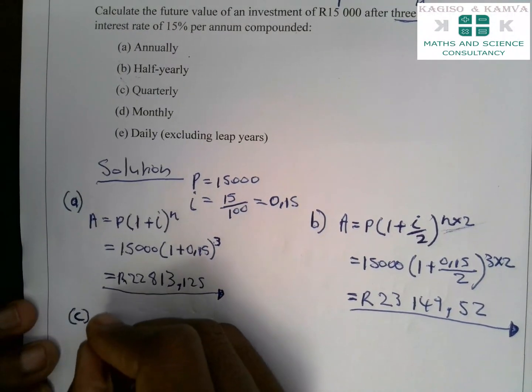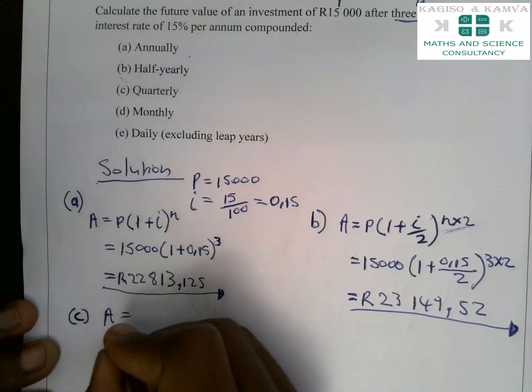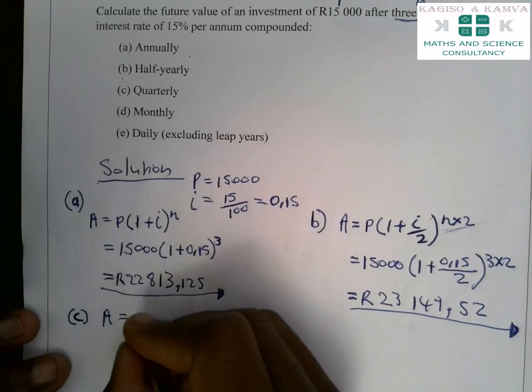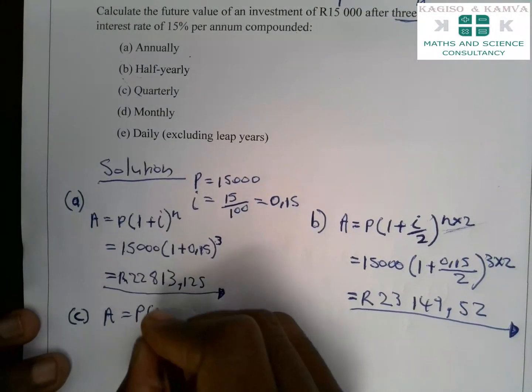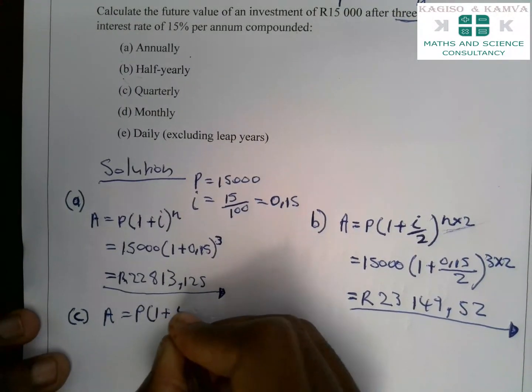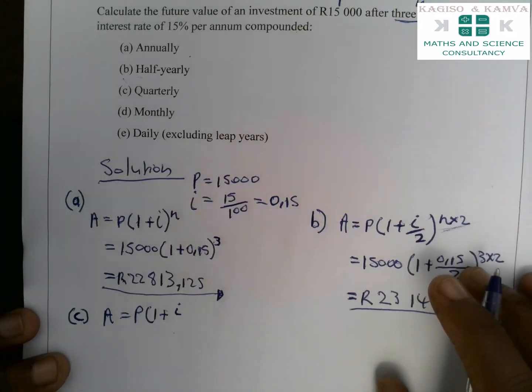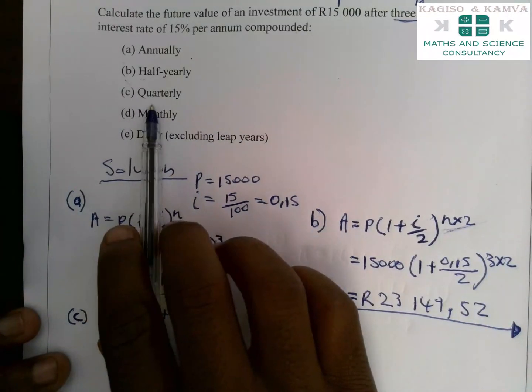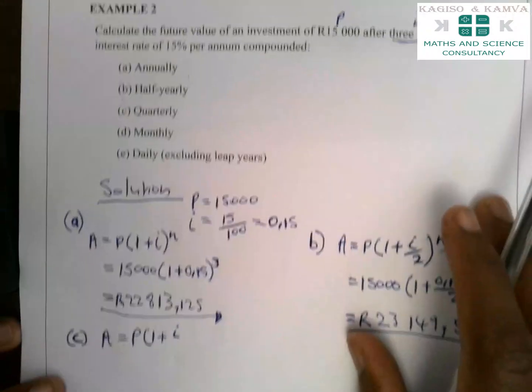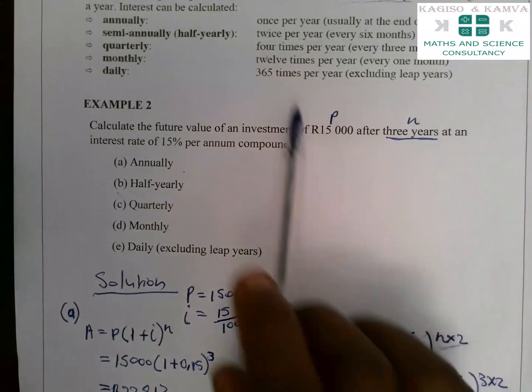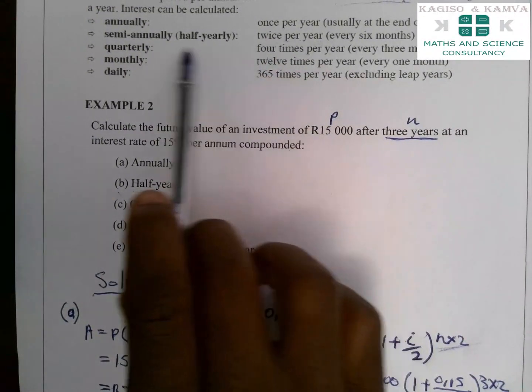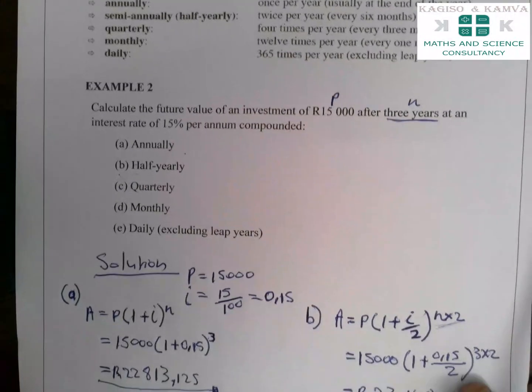For C, we're going to have A equals P into (1 + i). Now they said quarterly, meaning interest is going to be calculated 4 times per year.